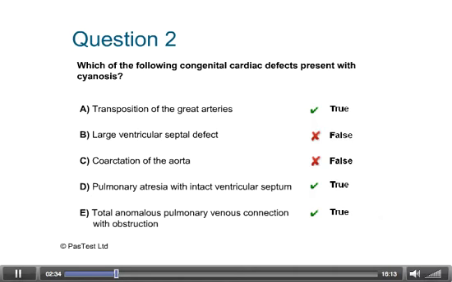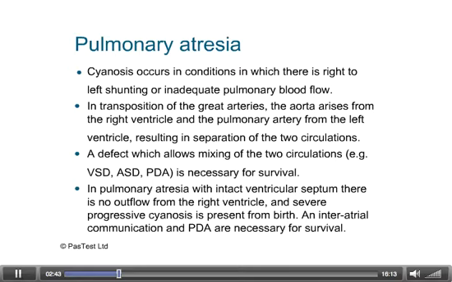Firstly, pulmonary atresia, and then secondly, total anomalous pulmonary venous drainage. In pulmonary atresia with intact ventricular septum, there is no opportunity for blood to move out of the right ventricle, and therefore there is severe progressive cyanosis from birth. There has to be the establishment of a communication for blood to flow from right to left systems.